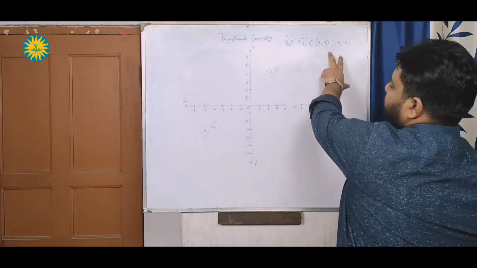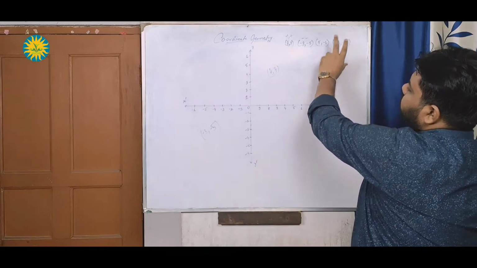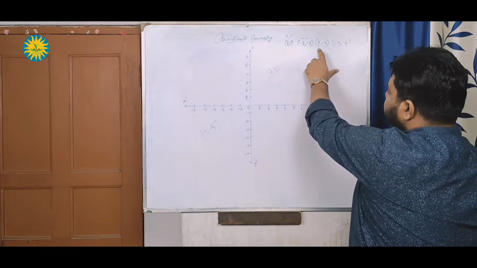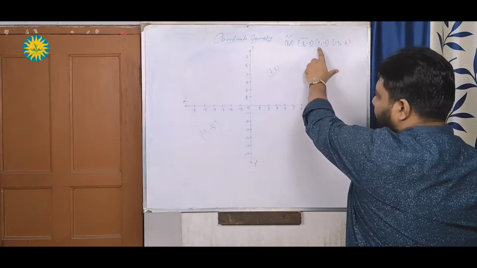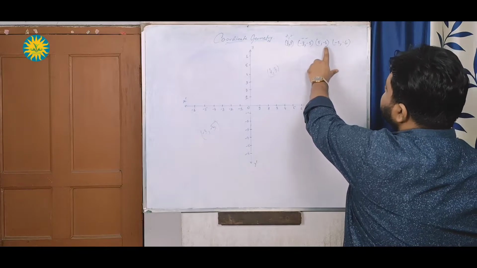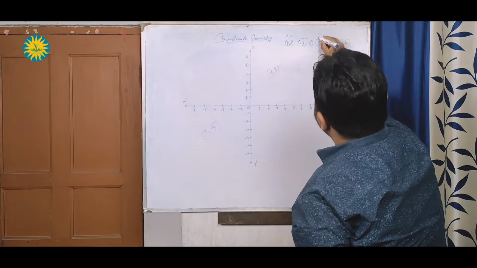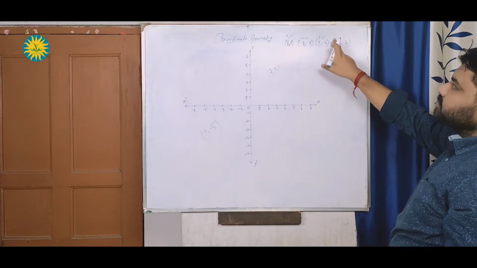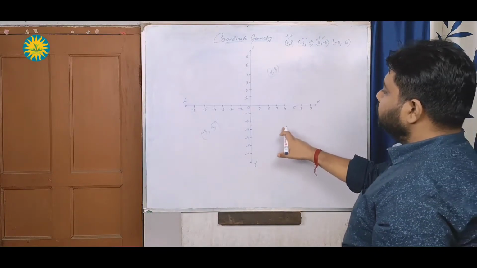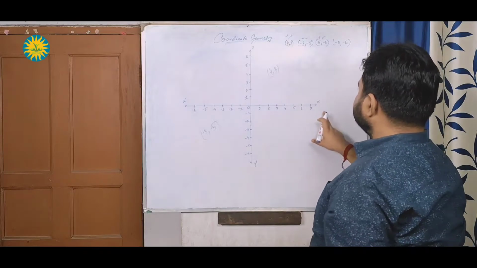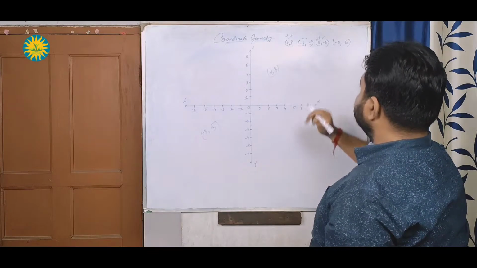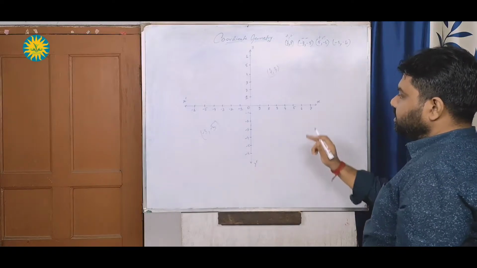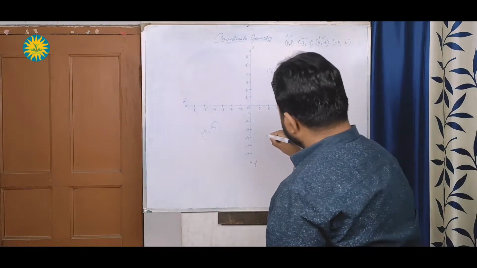The x coordinate is plus and the y coordinate is minus, that is the plus minus quadrant. Plus minus quadrant means the fourth one. See, x-axis is plus, y-axis is minus, therefore 5 comma minus 6 lies in the fourth quadrant.